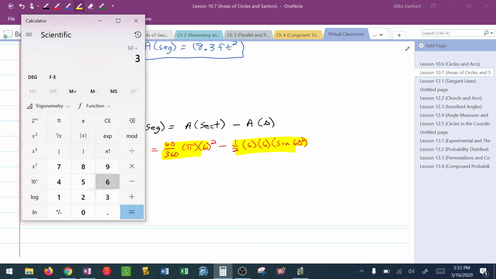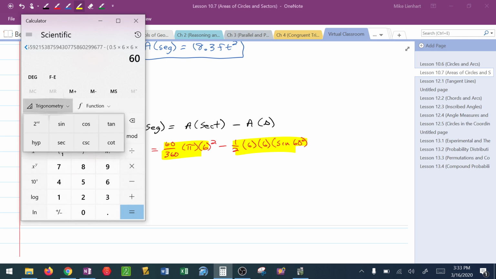60 divided by 360 times pi times 6 squared equals. I know that that gives me the area of the sector. I'm going to subtract from that the area of the triangle. And I put it in parentheses. 0.5 times 6 times 6 times the sine of 60 degrees.